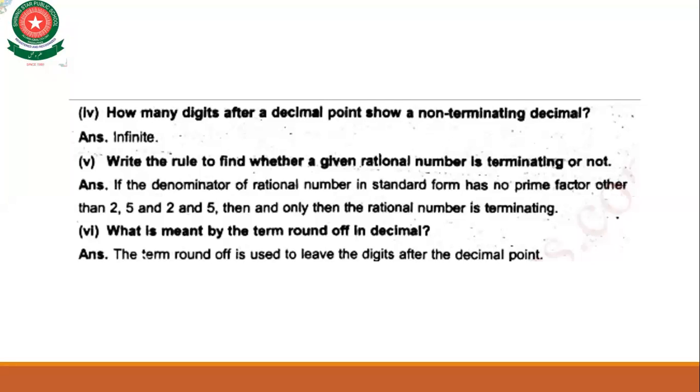The answer is, if the denominator of a rational number in standard form has no prime factor other than 2 and 5, or 2 or 5, then and only then the rational number is a terminating decimal number.